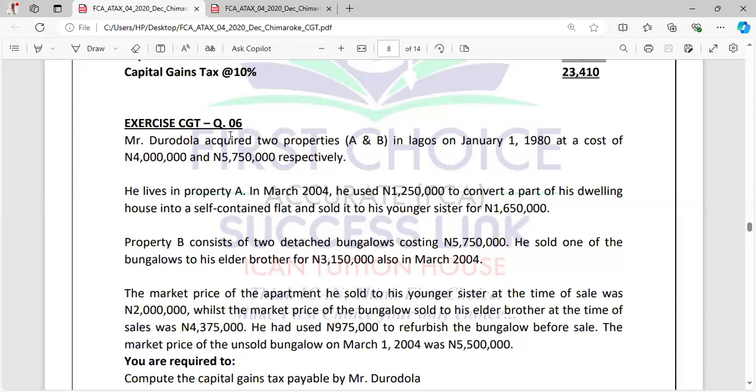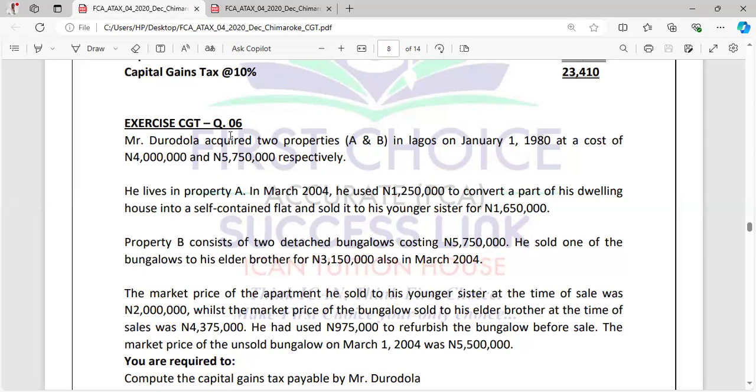Now, this is different from what we solved before, whereby there is an improvement cost for all the land before it was disposed. Now, this one here, the 975,000 was specifically used for the part that was disposed. So when we are calculating our capital cost of acquisition, this 975 will not be included.